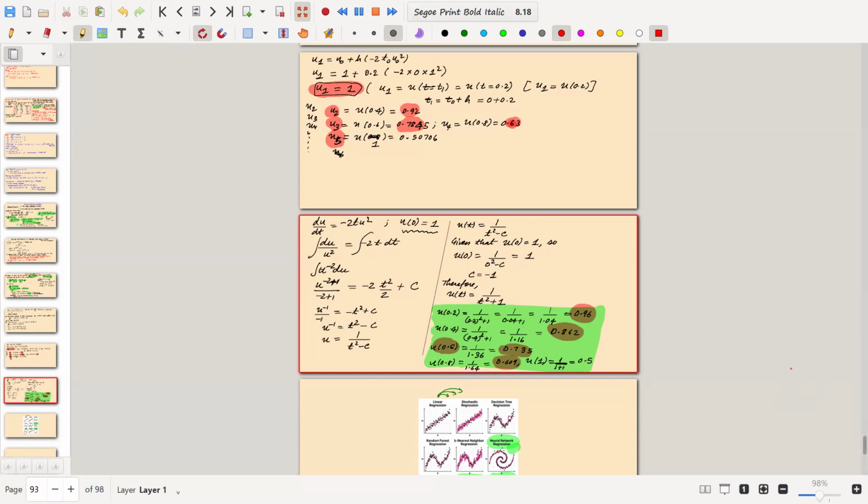And u5, 0.5096, you are getting 0.5. Okay. Understood? So there are some discrepancies, but it is approximating somewhat.